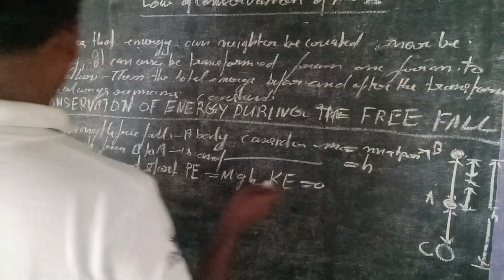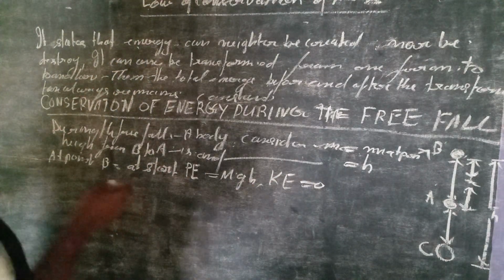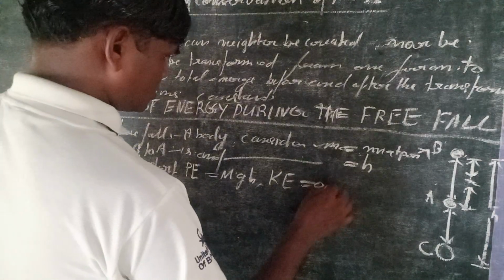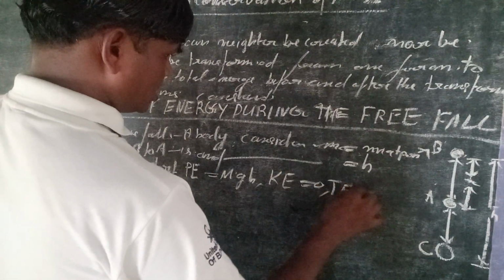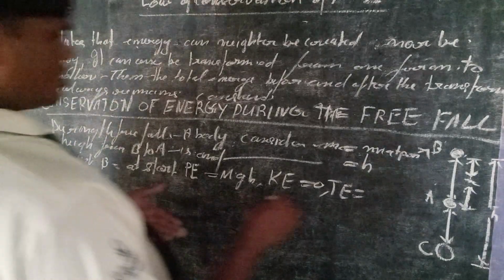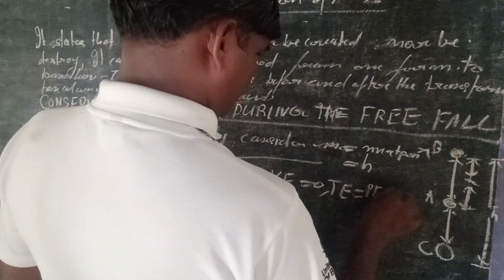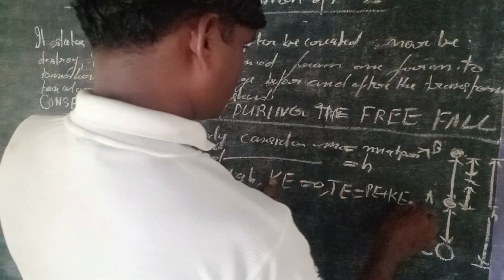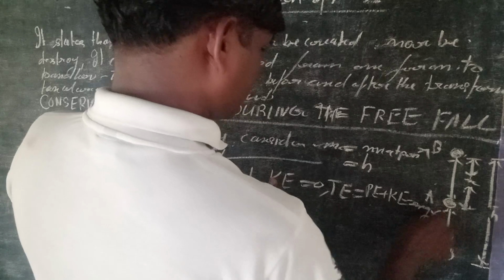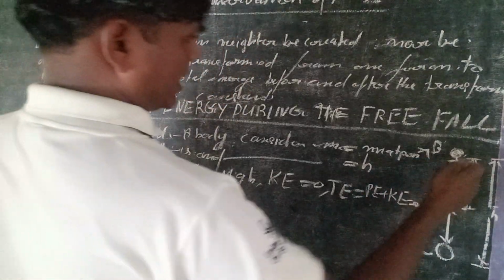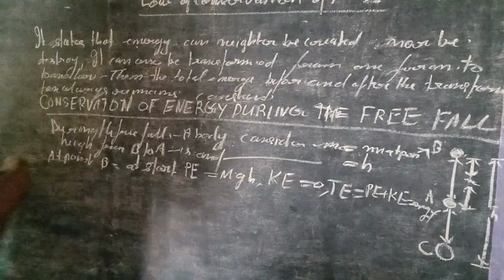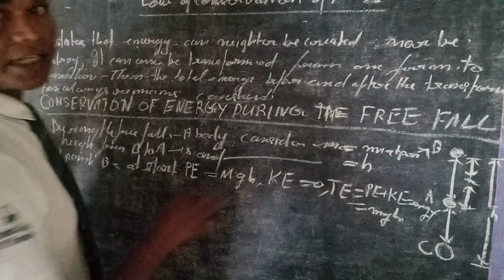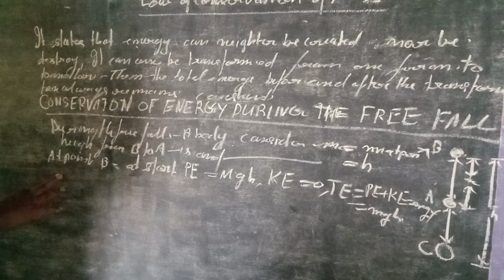So the total energy is always PE plus KE, which is mgh. Got it? That is at point B.